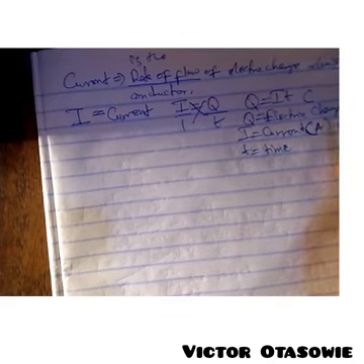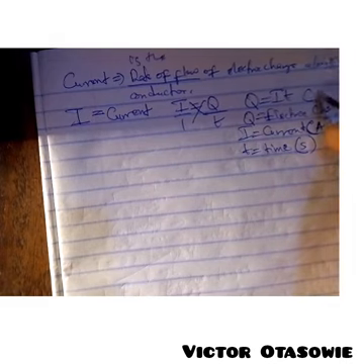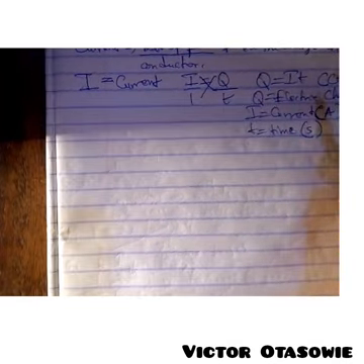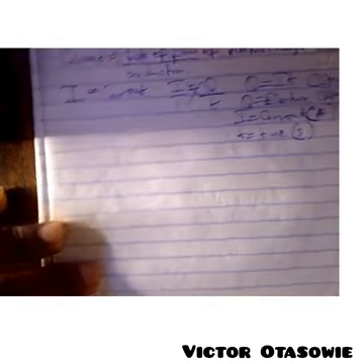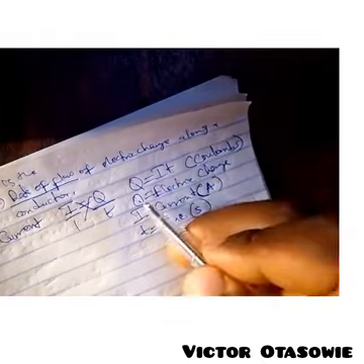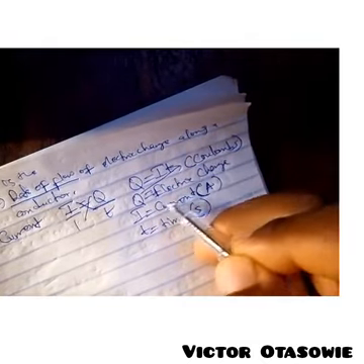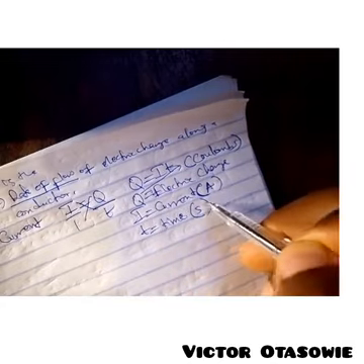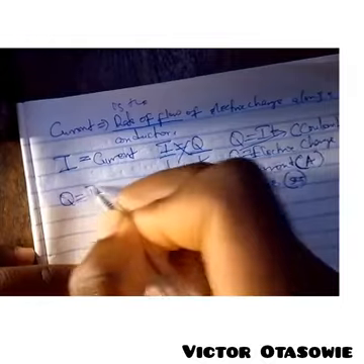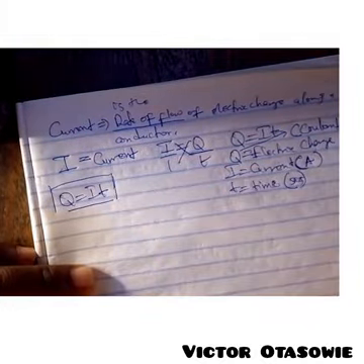Current is taken in amperes, time is taken in seconds, and electric charge is taken in coulombs. Look at the spelling of coulomb here. So Q is in coulombs, I is the current, and T is the time, measured in seconds. So take note that Q equals IT.